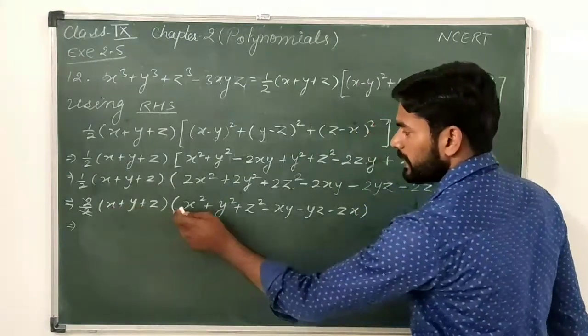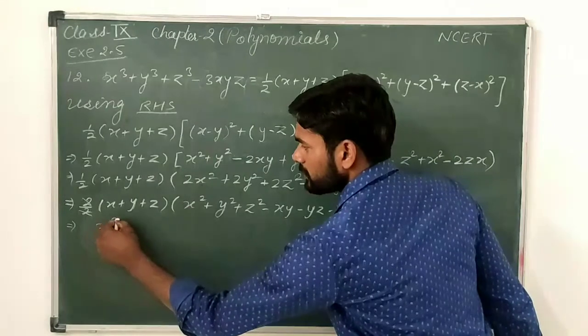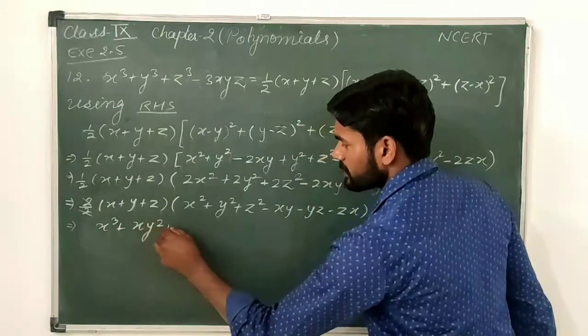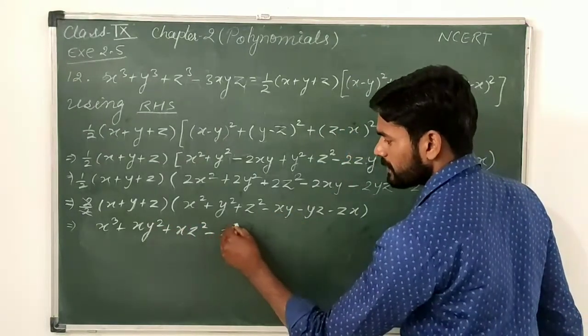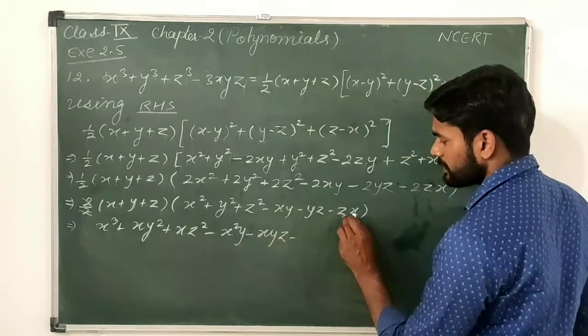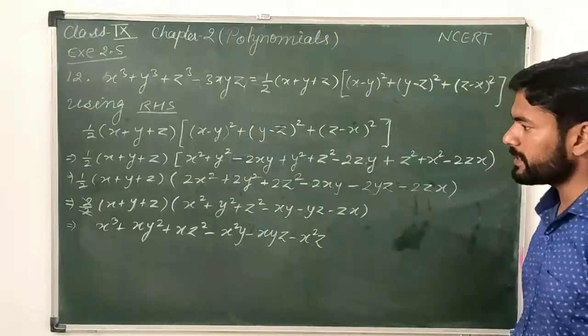First of all, we will multiply with x: x cube plus xy square plus xz square minus x square y minus xyz minus zx square, or x square z. It doesn't matter which you write first.